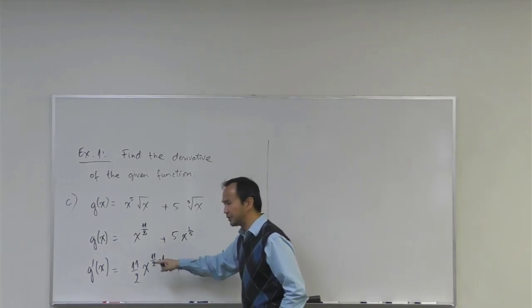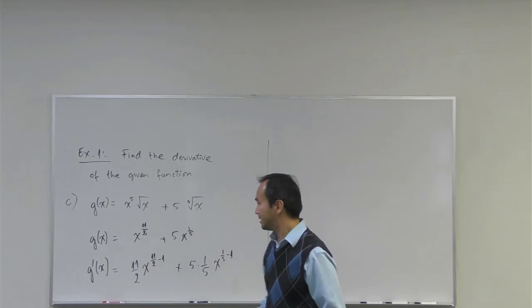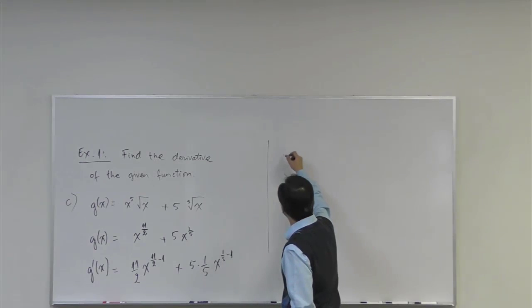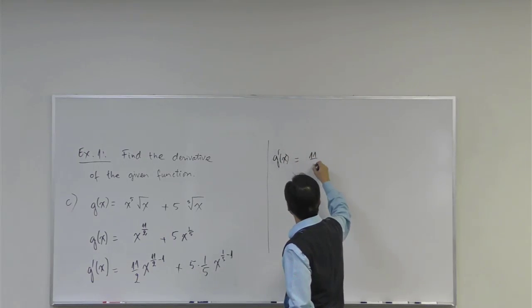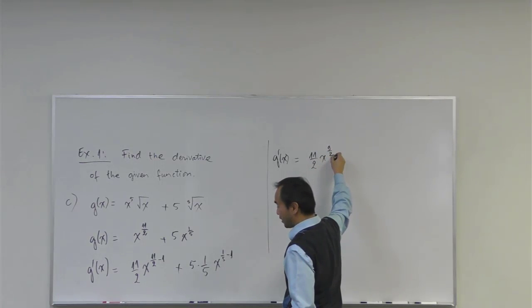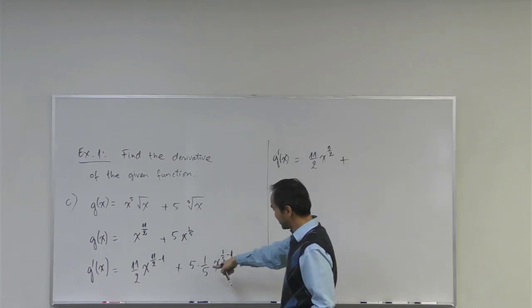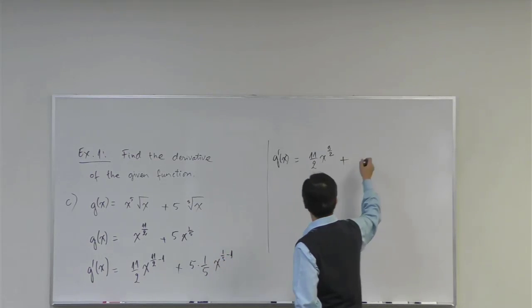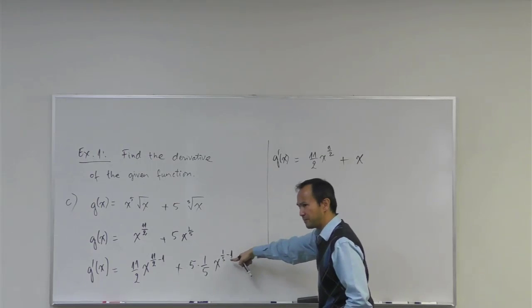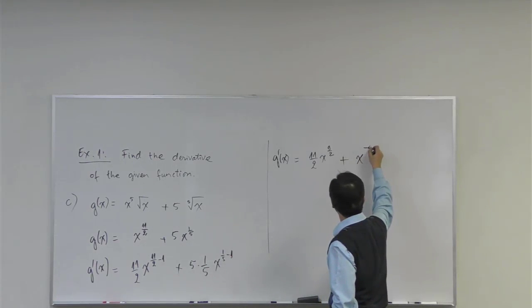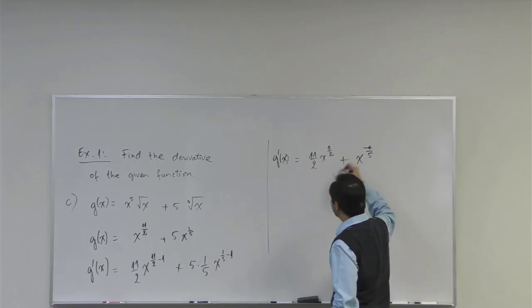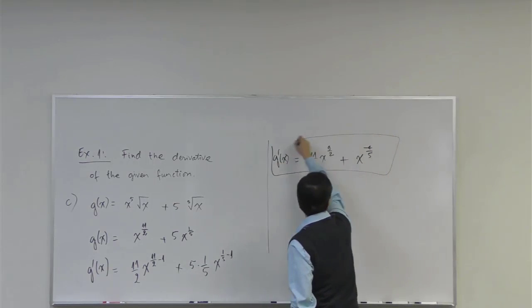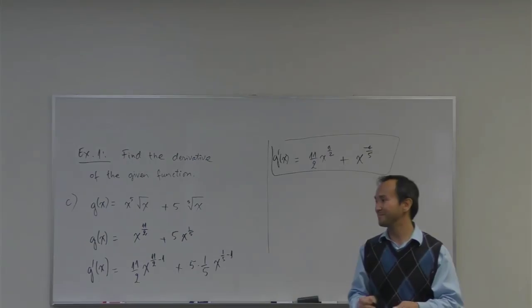So 11 over 2 minus 1 is making it what? g prime of x is just 11 over 2 times x to the 9/2 power. Plus, in my next term, 5 cancels with 1/5, giving just 1, so x to the 1/5 minus 1 is negative 4/5. You guys agree? We're done with that derivative. That's how we get it.